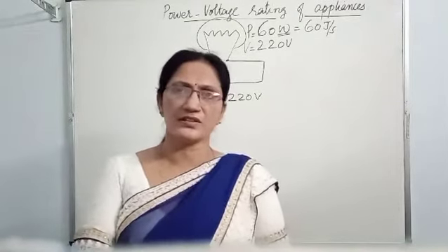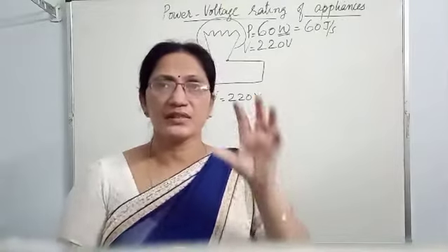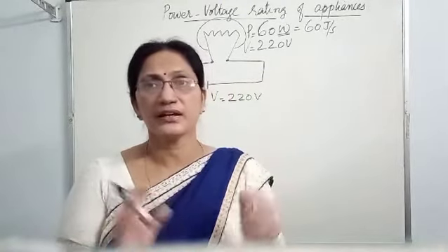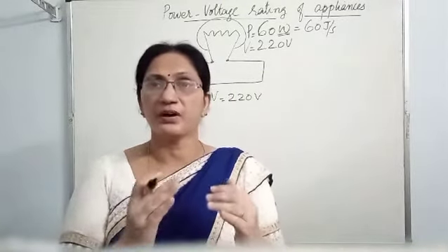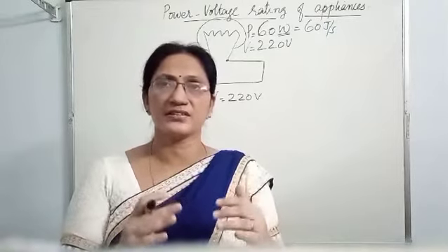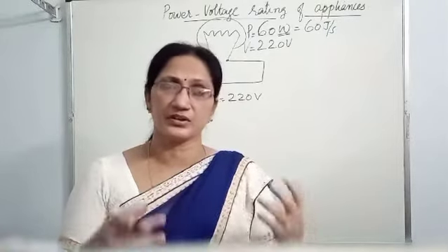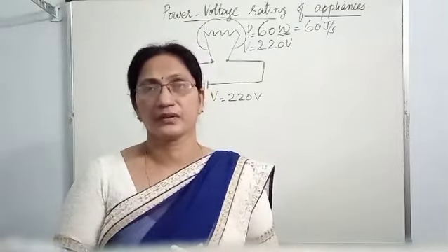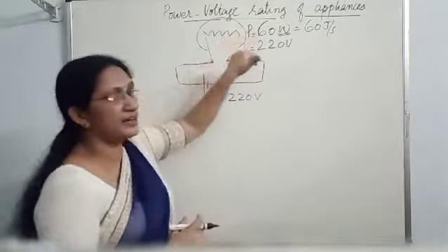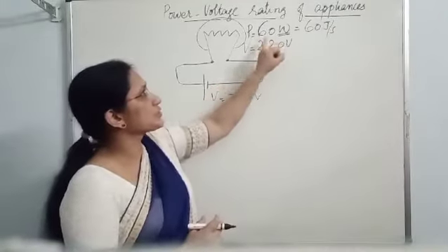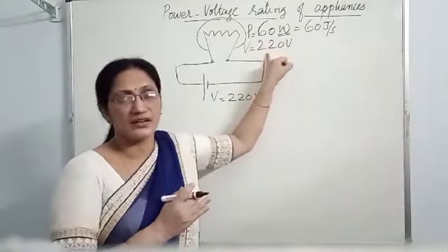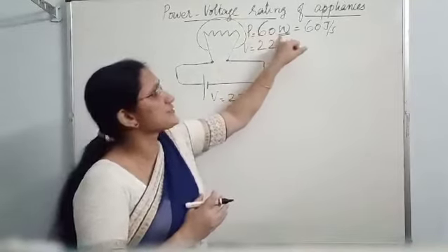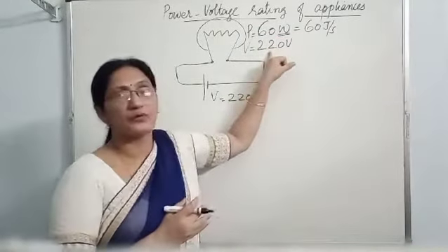You might have noticed when the line voltage reduces, the brightness of the bulb decreases. That means power of the bulb decreases. The heat and light emitted per second is decreasing. So these two labelings are interrelated, and this labeling gives the message that this bulb will have 60 watt power only if you provide a voltage of 220.